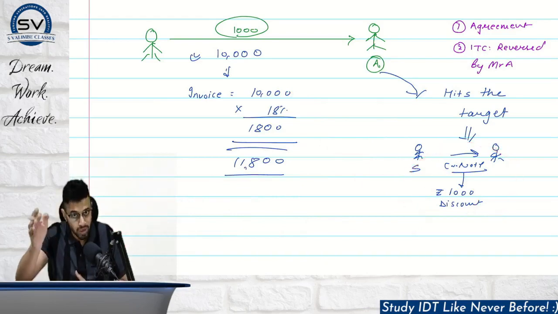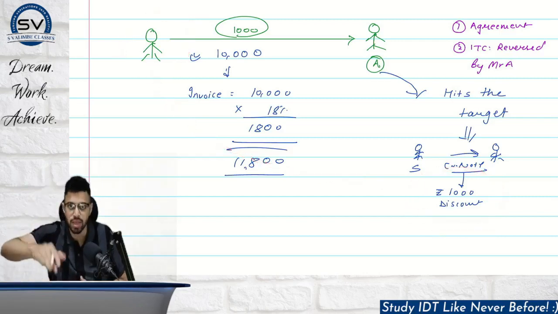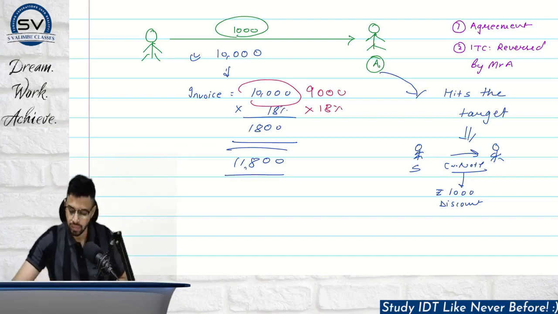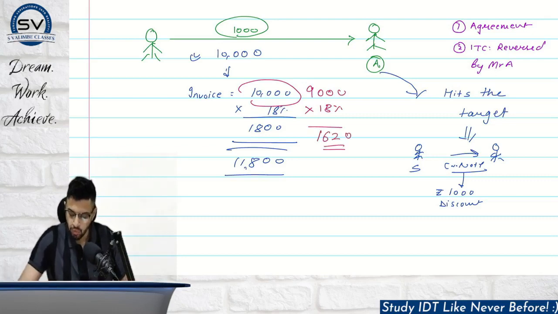So with respect to 1,000, if the supplier wants to reduce his liability because of the credit note, his liability will reduce, because the net taxable supply is going to be now 9,000 into 18%, right? Wait a minute, let's see this comprehensively. Now this is 1620. Okay, but what is the ITC taken? ITC taken is 1800.